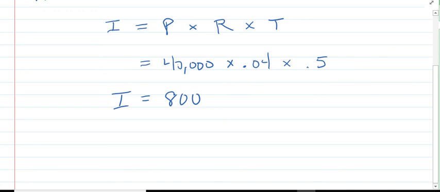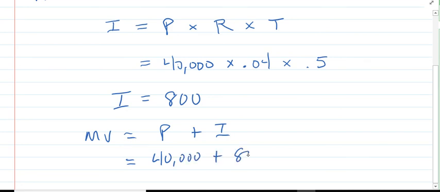So we know that the maturity value equals principal plus interest. In this case, our maturity value is $40,000 plus $800, and that gives us $40,800.